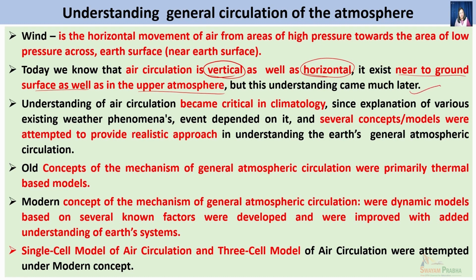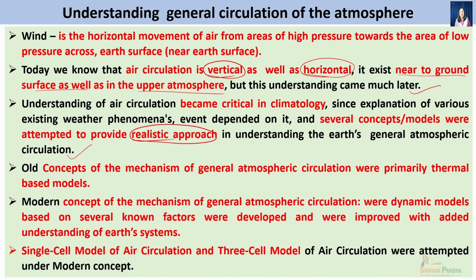Understanding of air circulation became critical in climatology since explanation of various existing weather phenomena events depended on it. And several concepts and models were developed in order to provide a realistic approach in understanding the Earth's general atmospheric circulation.